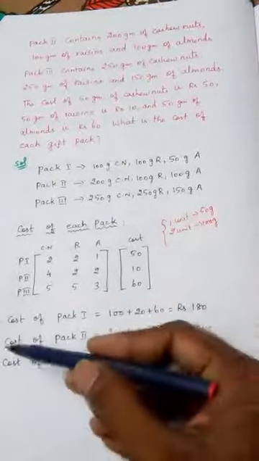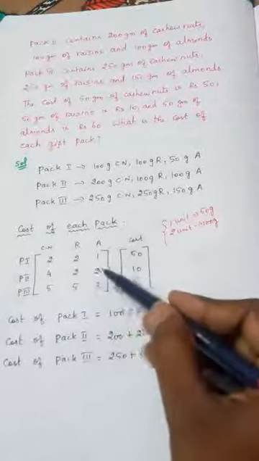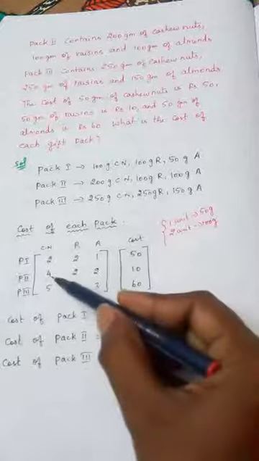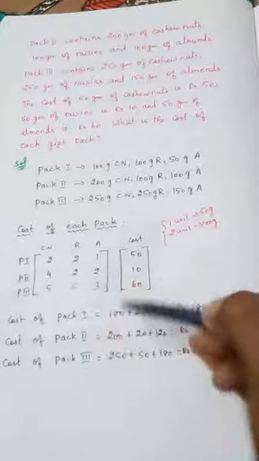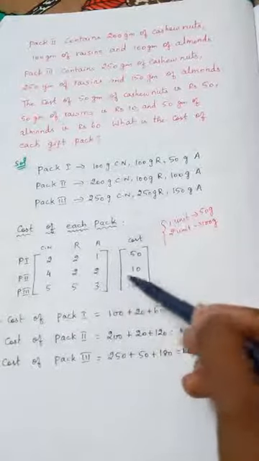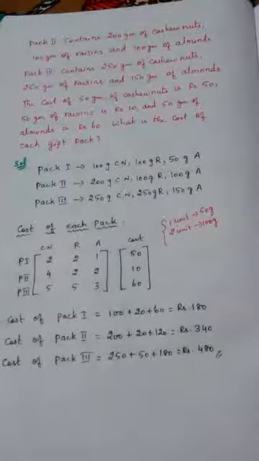Similarly, to find the cost of pack 2, take the second row and multiply with the cost column. 4 into 50, 200. 2 into 10, 20. 2 into 60, 120. Adding, 340 rupees.